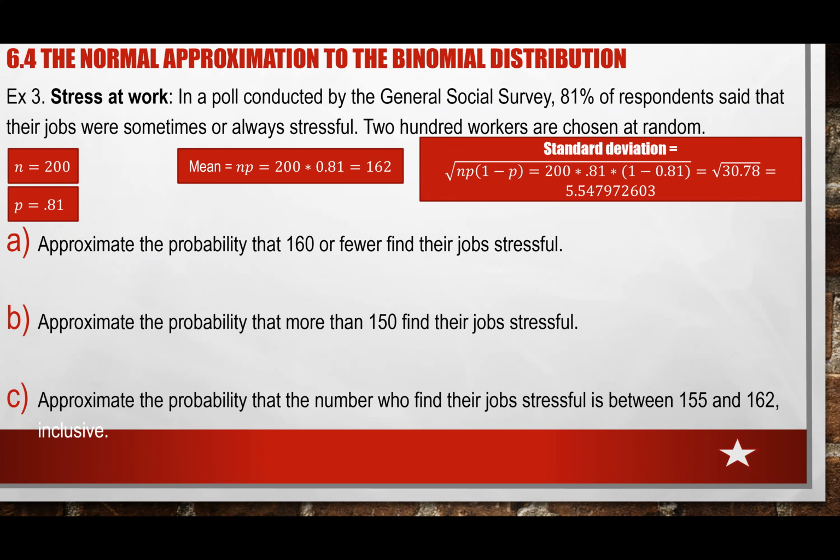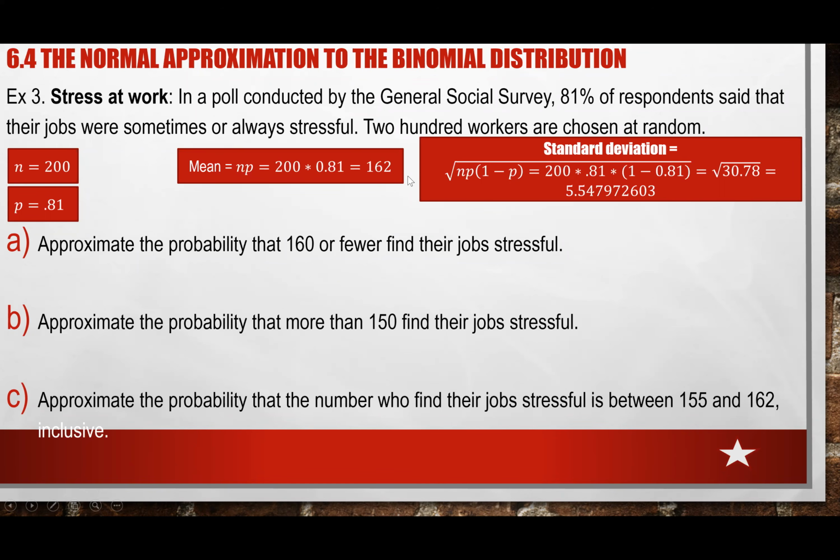Instead of 150 or 115 prior, we have 200 multiplied by 0.81 multiplied by 1 minus 0.81. So we will get the square root of 30.78, and my standard deviation is 5.5479726.